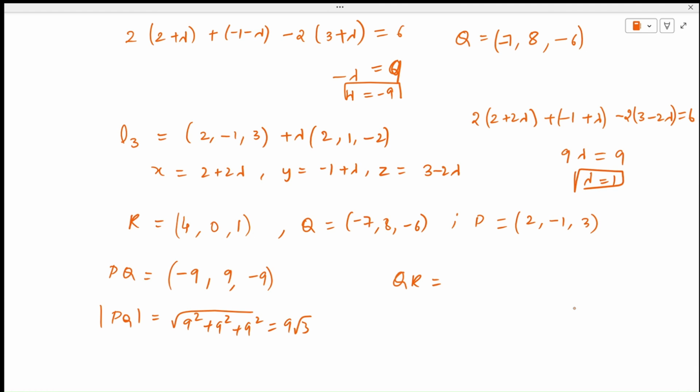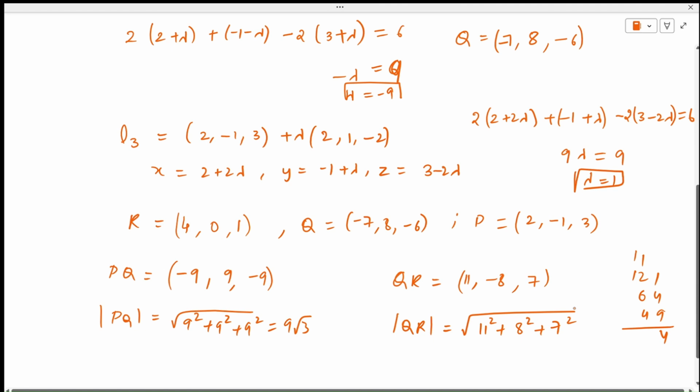So 4 plus 7 is 11. 0 minus 8 is minus 8. 1 plus 6 is 7. And the magnitude of QR is equal to root of 11 square plus 8 square plus 7 square. 121, 64 and 49. So this is 14, this is 13 and 2.